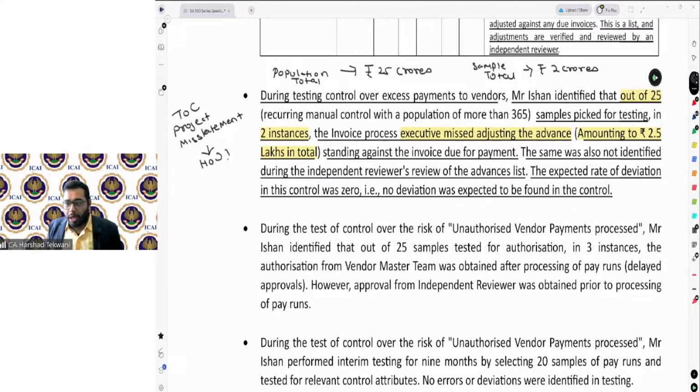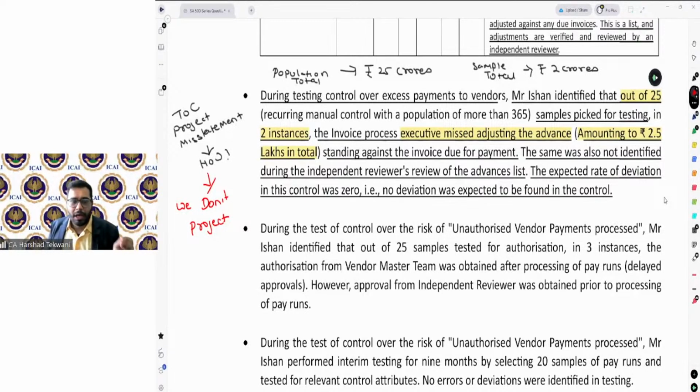So the answer is, with respect to projecting misstatement from the test of control, we don't project. There is no projection required for the misstatement identified from the test of controls.